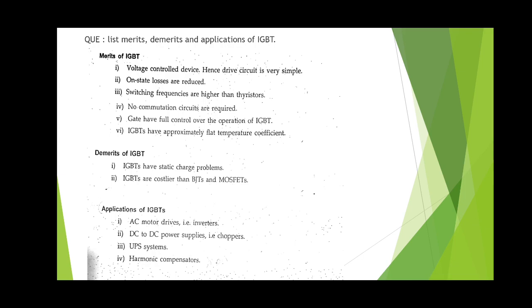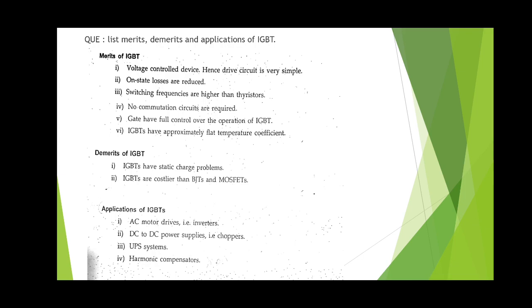Next, a question will be asked for 5 marks to list out the advantages, disadvantages and applications of the IGBT. The merits or advantages of IGBTs are: this is a voltage control device, hence the drive circuit is very simple. The on state losses are reduced.